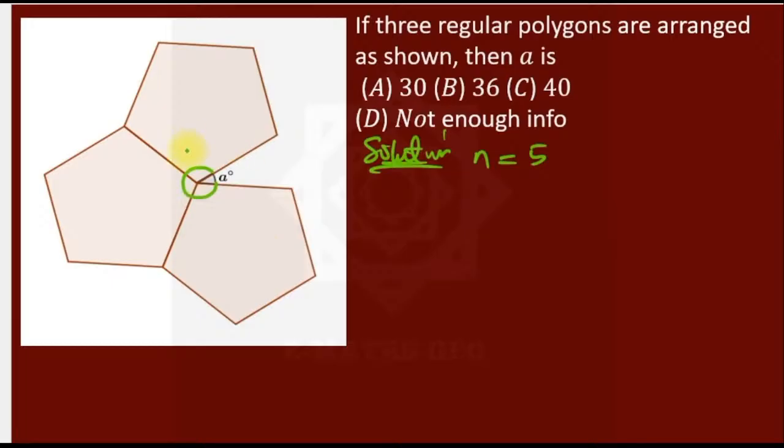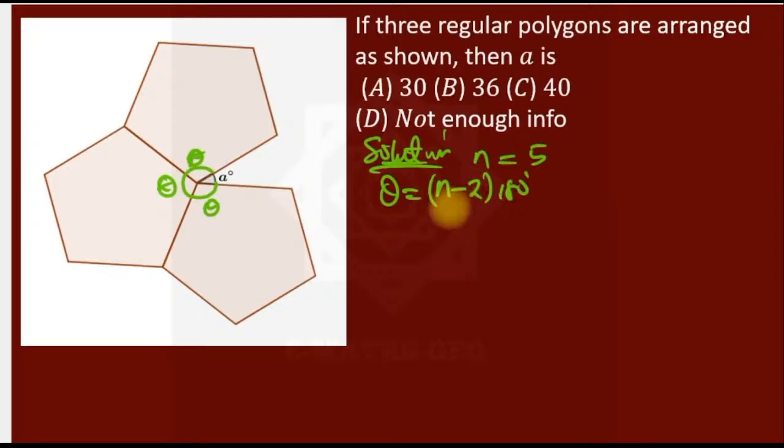So how do you get each of these? Let's call it theta. So theta, which is each interior angle of a regular polygon, is (n minus 2) times 180 over n.